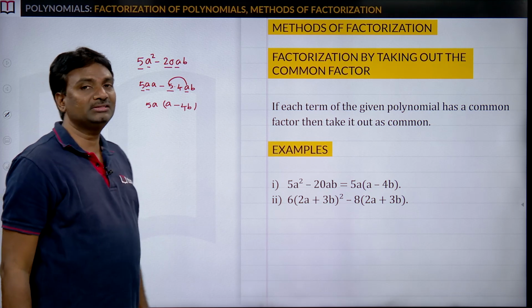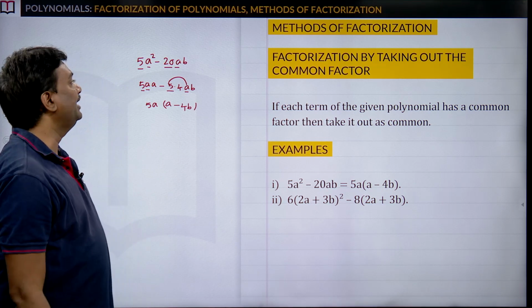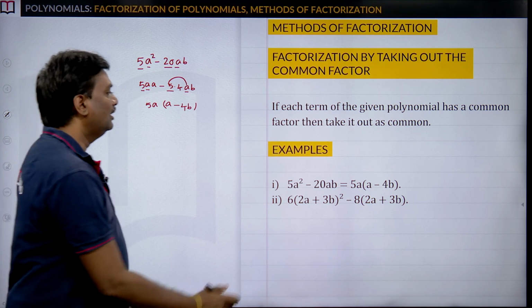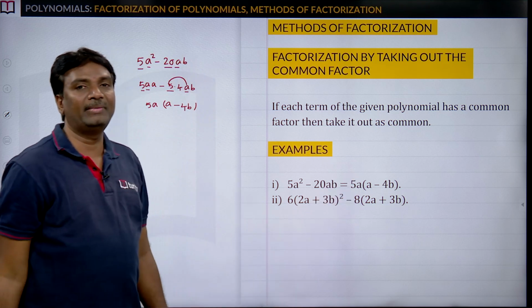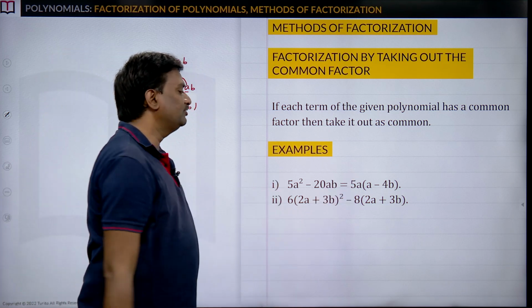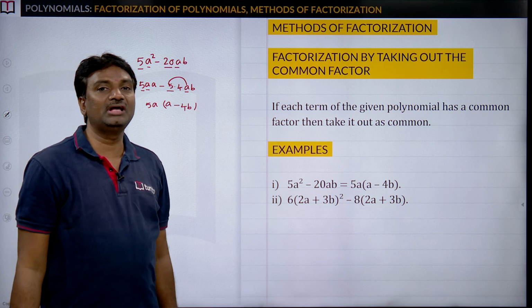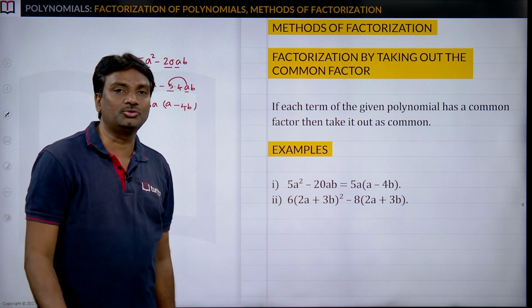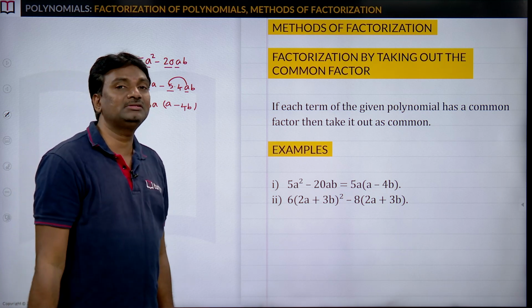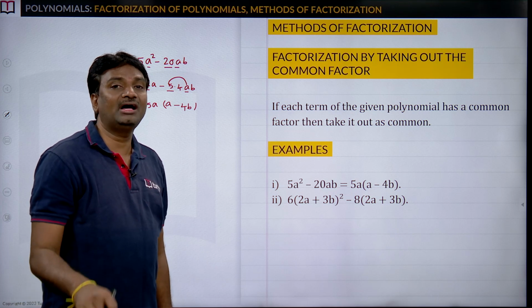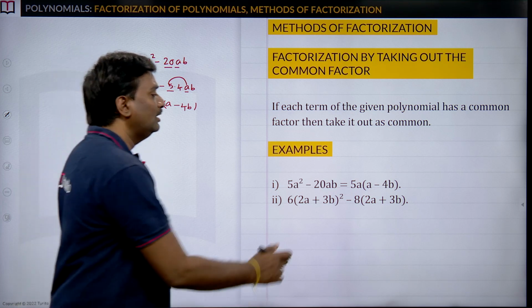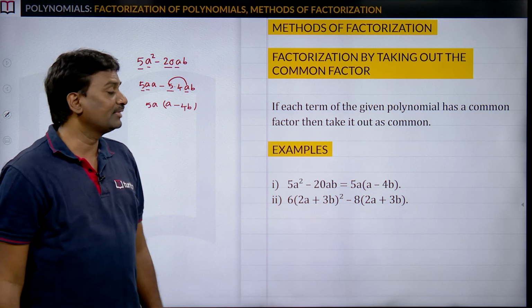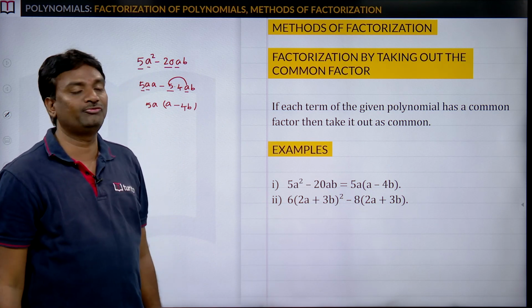So, we can express 5a square minus 20ab as 5a into a minus 4b. 5a square minus 20ab is a polynomial containing 2 terms, and we have expressed that polynomial as the product of 2 polynomials. The first one is 5a and the second one is a minus 4b.